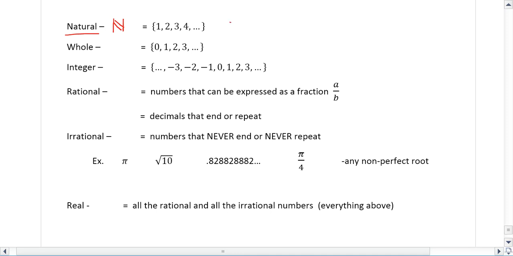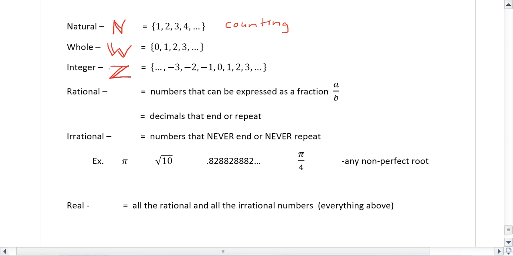I have seen in other books that they refer to these as counting numbers, because these are the numbers you would use to teach a little child to count. You would say 1, 2, 3, 4. Whole numbers add a 0 to the set, so it's all the natural numbers plus 0.